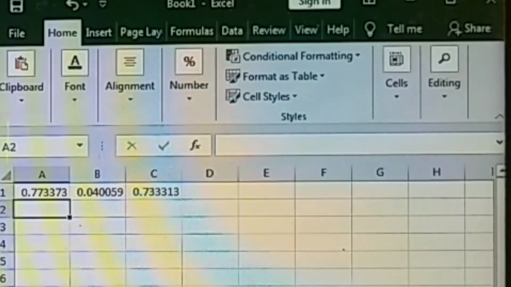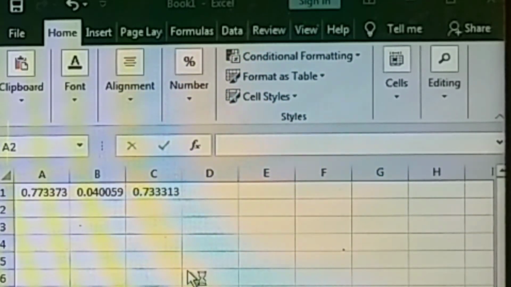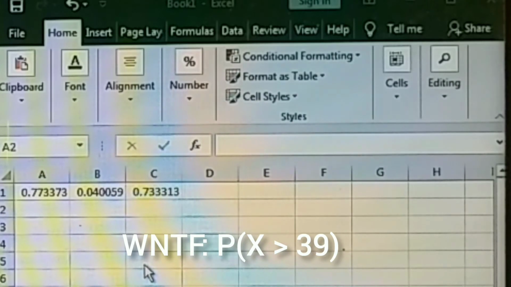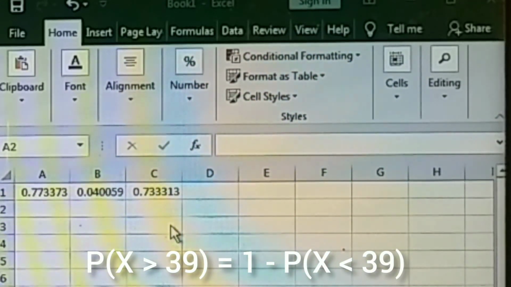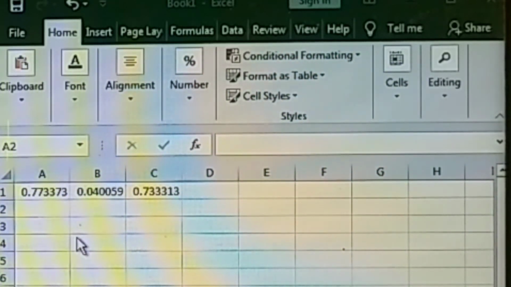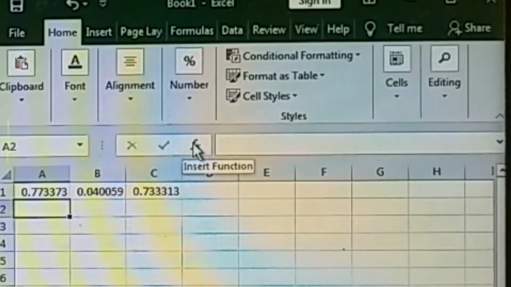And then for number 2, more than 39 minutes, we are looking at the probability that x is greater than 39. In Excel we cannot do that directly, so we will use the equality 1 minus the probability of x less than 39. Let us first find the probability that x is less than 39. So we use again Excel. Let us press fx norm.dist.